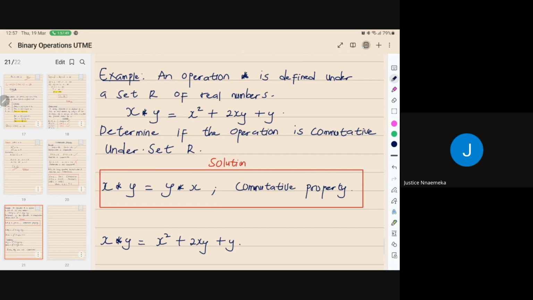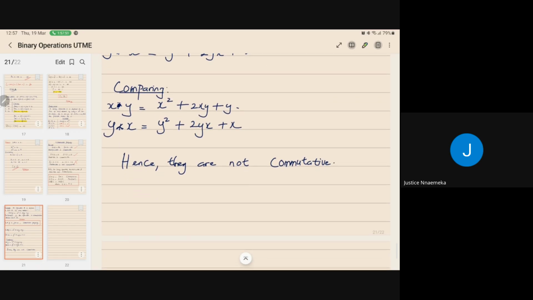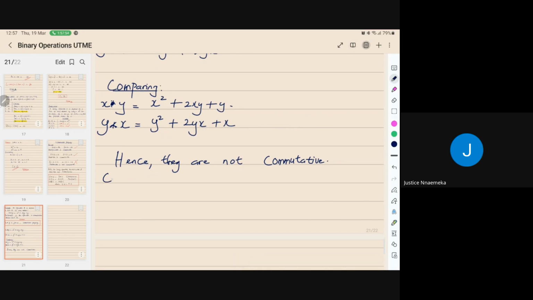So why did I say that they are not commutative? We can check. Assume x equal 1 and y equal 2. So that x asterisk y is going to be 1 squared plus 2 times 1 times 2 plus 2.